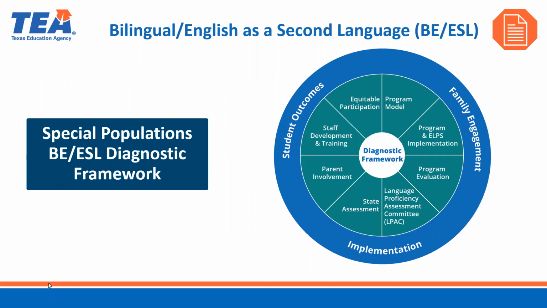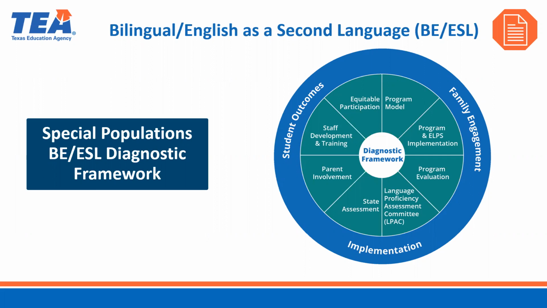This diagnostic framework supports the TEA and local education agencies in analyzing and responding to a variety of complex information about program implementation, student outcomes, and family engagement. The framework supports continuous improvement of student outcomes by connecting instruction, student performance, professional development, and technical assistance.